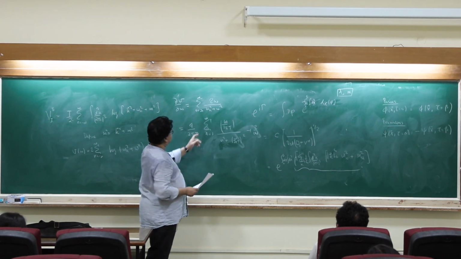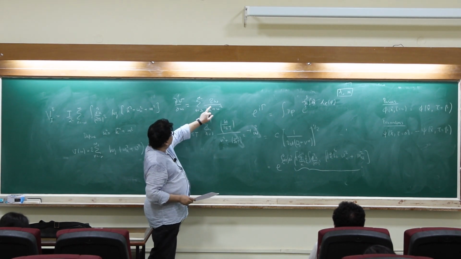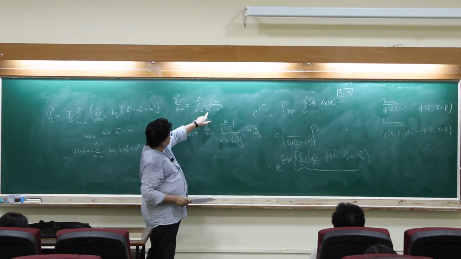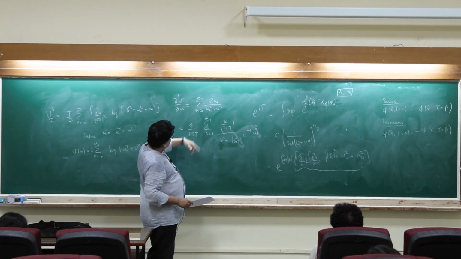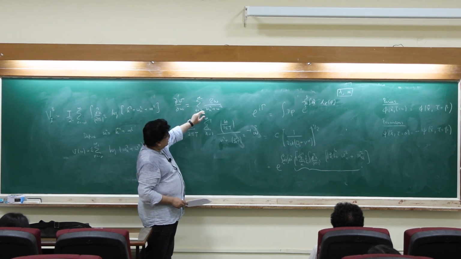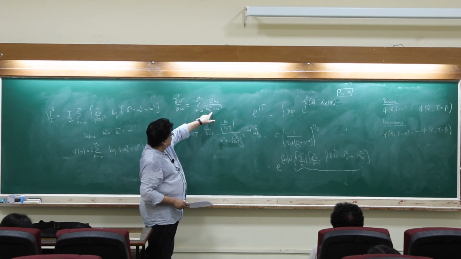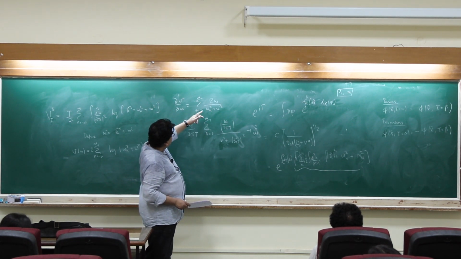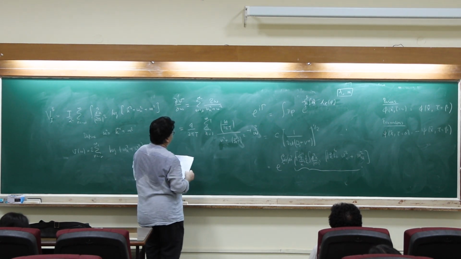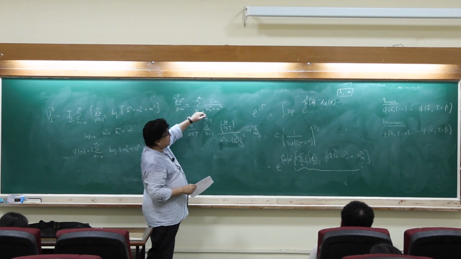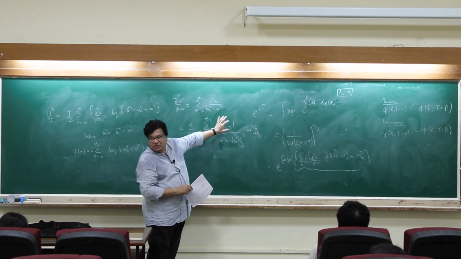So what I have done here is I have written it as the n equal to 0 term, which is this guy, and the n non-zero terms, and I have used the fact that this comes as square, so instead of going from minus infinity to infinity, I have taken twice from 1 to infinity for the n non-zero terms.